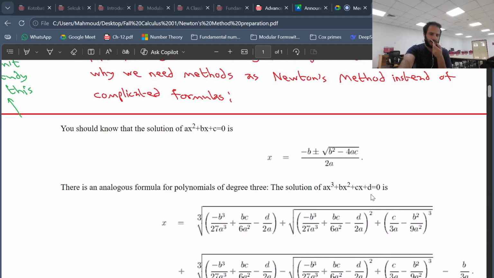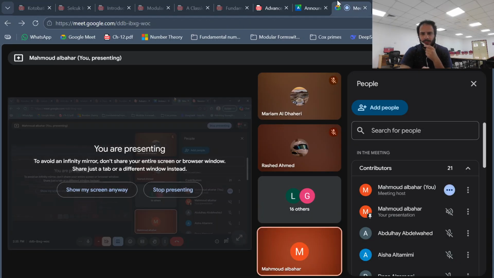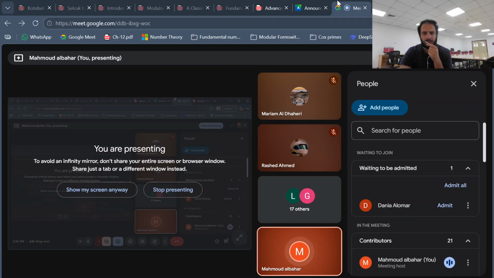So this formula is not good, right? Even if you use computers to compute this, it's still not good enough. So we need to find better ways to solve equations, right?